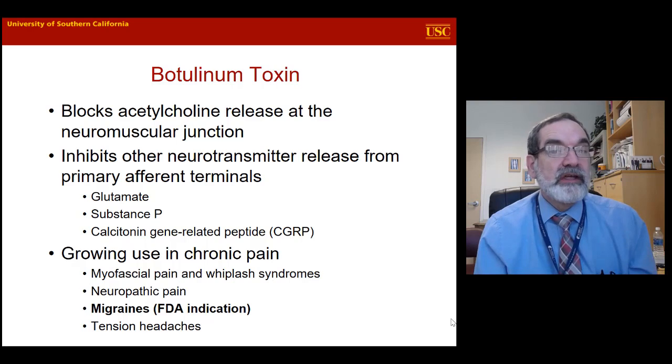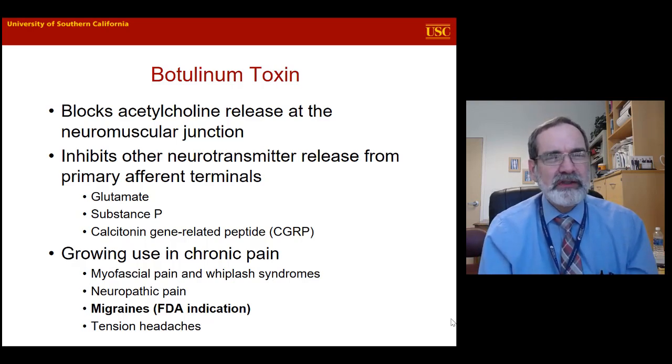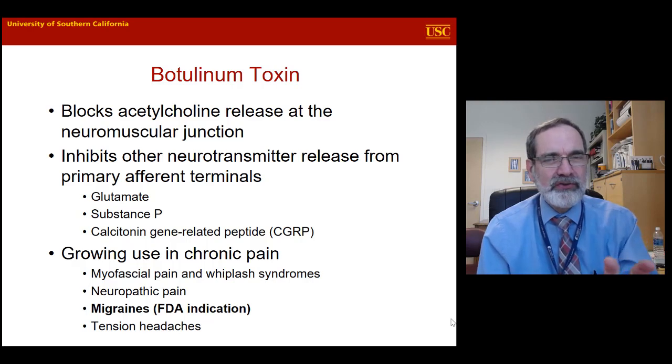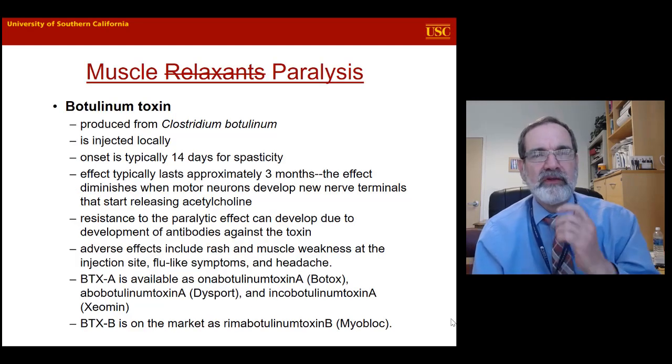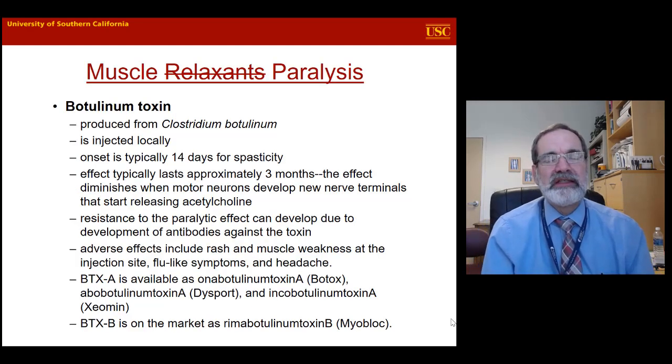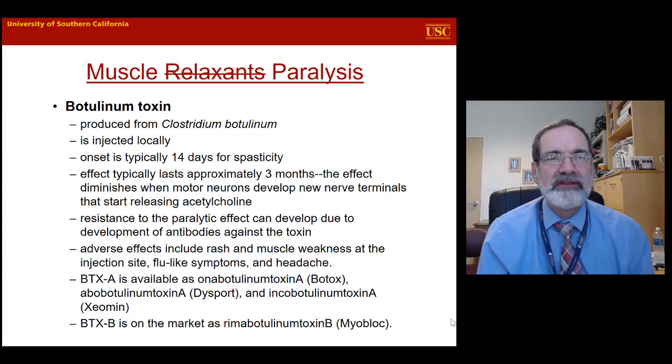It doesn't work as well for tension headaches as it does with migraine. So that's really pointing to these other neurotransmitter effects of botulinum toxin. So it's really more appropriate to consider botulinum toxin a muscle paralysis agent rather than a muscle relaxant.